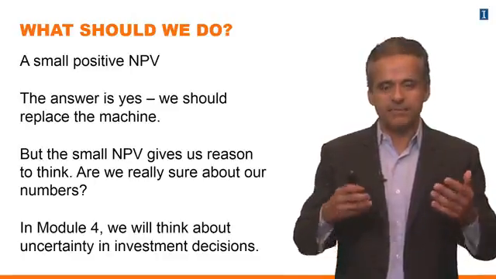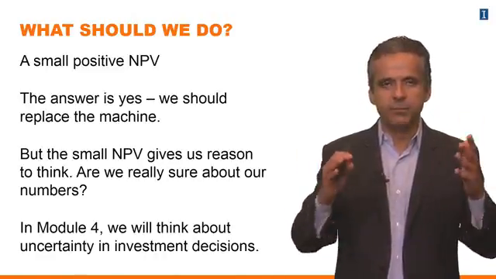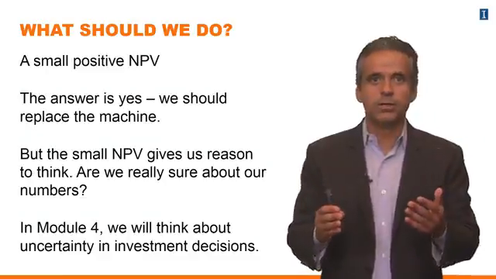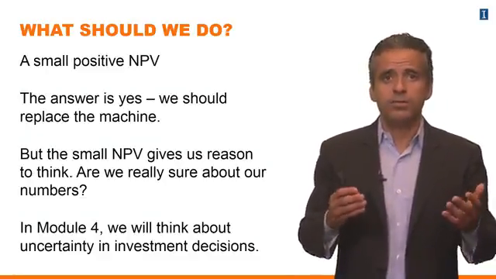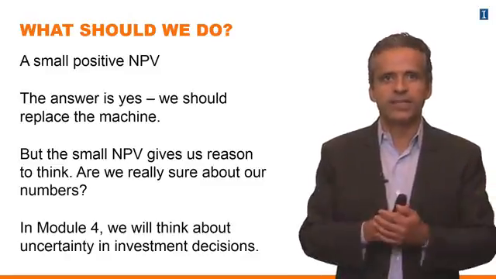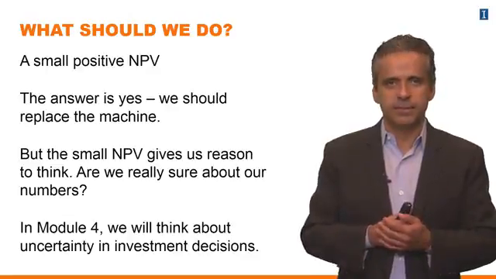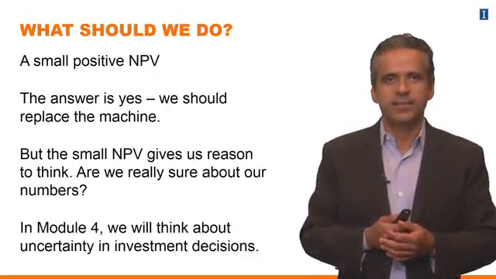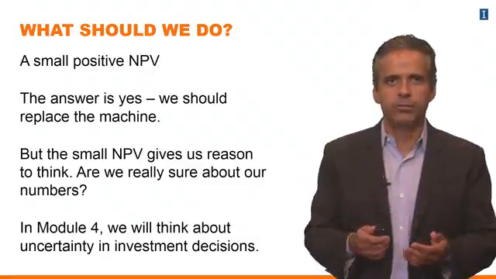Investment decisions have a lot of uncertainty associated with them, and we have to consider, are we really sure about our numbers, right? Since the NPV is so small, it's very easy to make a mistake in this case, okay? In Module 4, which is coming up, we will think about how to address uncertainty in investment decisions, okay? So this is a preamble to the discussion we're going to have in Module 4.